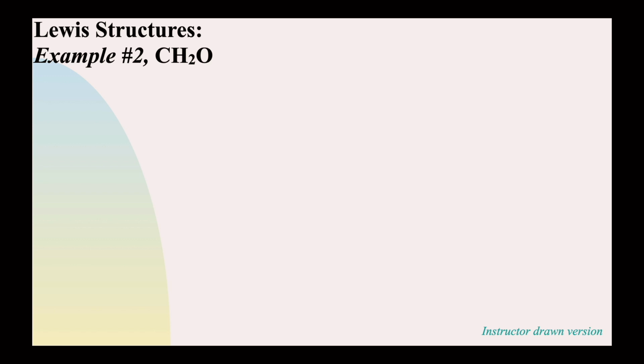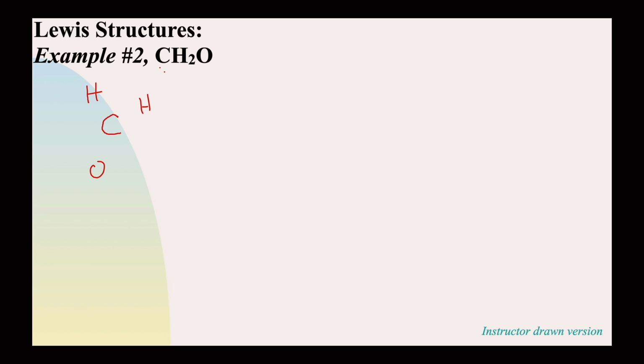So carbon's going to be in the middle, and we'll put the other atoms just around. And again, you can put them any way you want, because Lewis structures don't have any information as to geometry and stuff like that. We need to figure out the number of valence electrons.